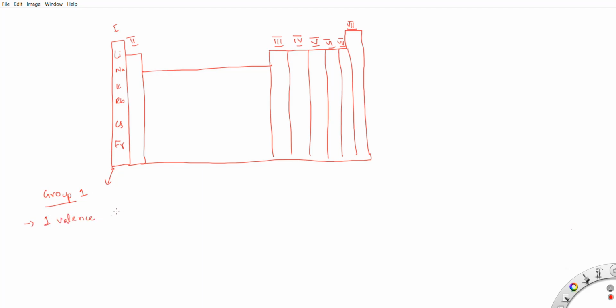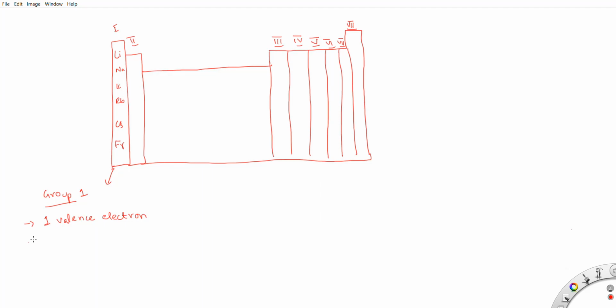To understand the concept of one valence electron, you need to go through the previous videos. I can repeat it simply: one valence electron means the last shell of an atom has only one electron. So all these elements have only one electron in their last shell or outermost orbit.